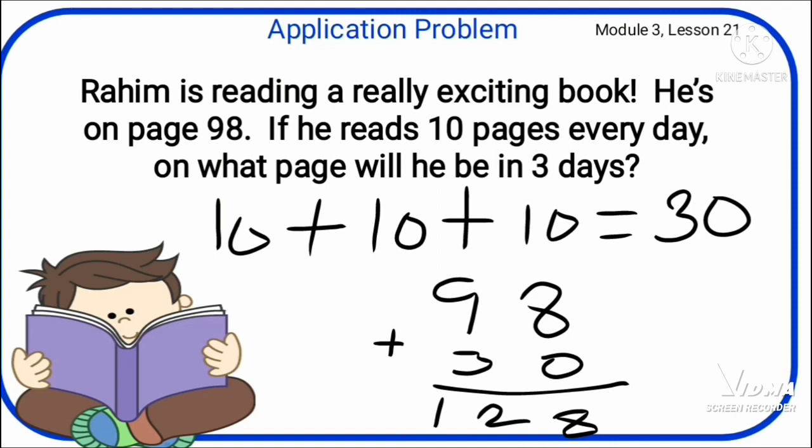That is true because 10 more than 98 is 108. If you add another 10 to 108, you have 118. If you add a third 10 to 118, you have 128. So 98 plus 30 will be 128. That means after 3 days, Rahim will be on page 128 of the exciting book.